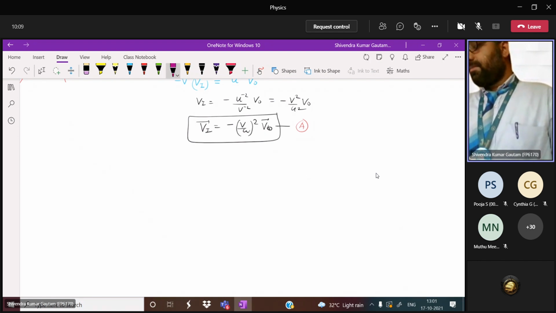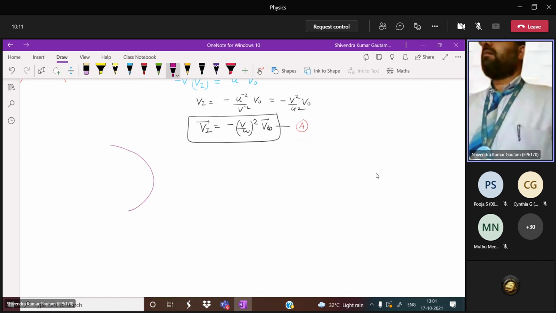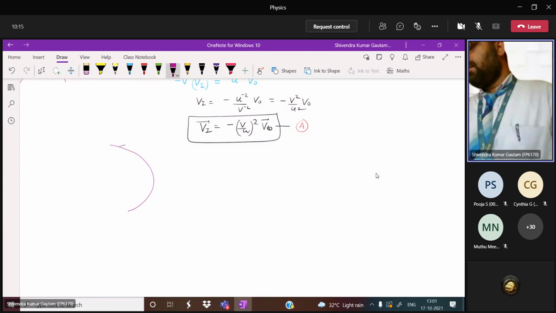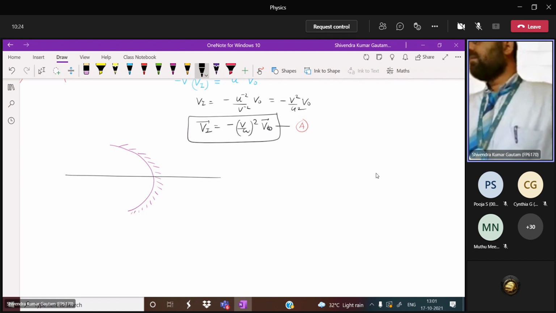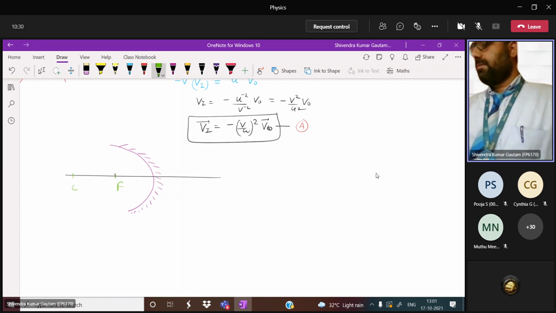Now tell me, concave mirror. Don't write, this is a concave mirror. This is somewhere focus, center of curvature.